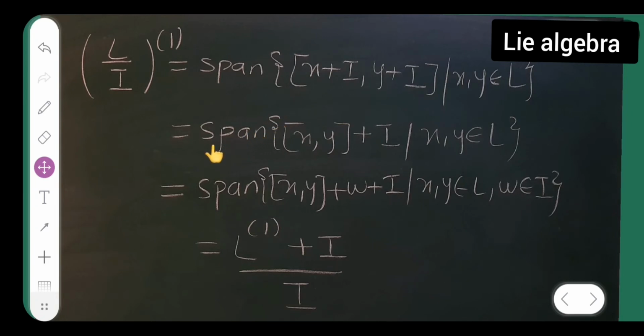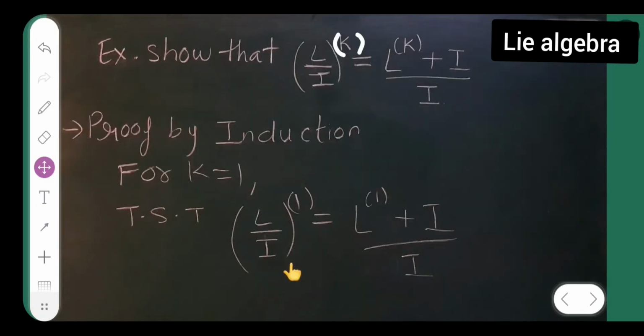So this is equal to the span of the Lie brackets [x, y] + I, where x, y belong to L. Now this is equal to the span of [x, y] + w + I, where x, y belong to L and w belongs to I. And this is equal to nothing but (L^(1) + I)/I. So we have shown that this is equal to this.